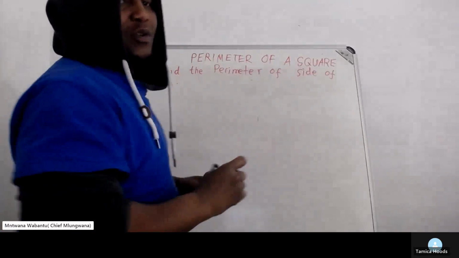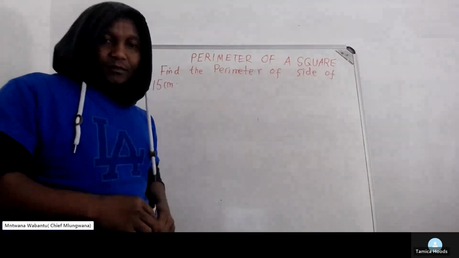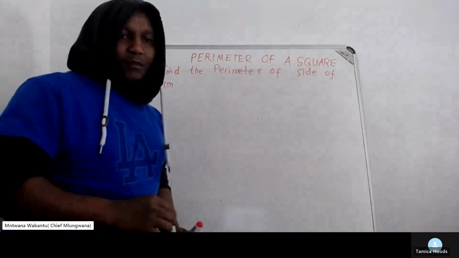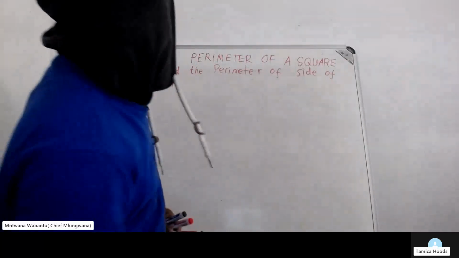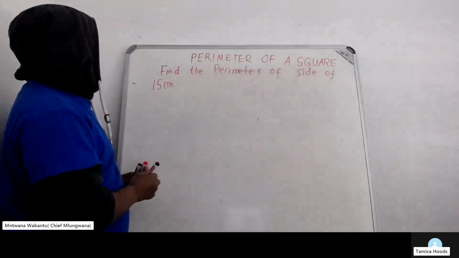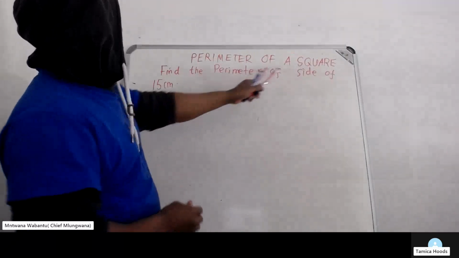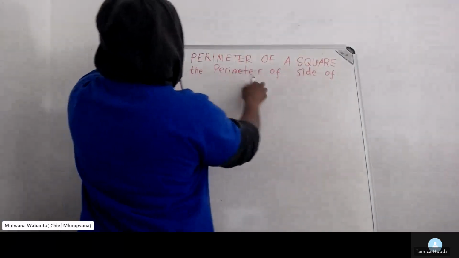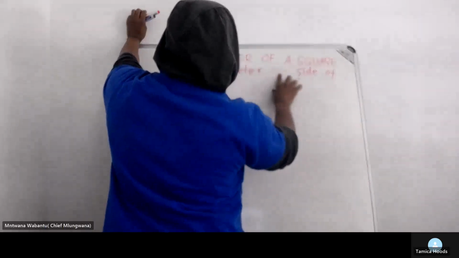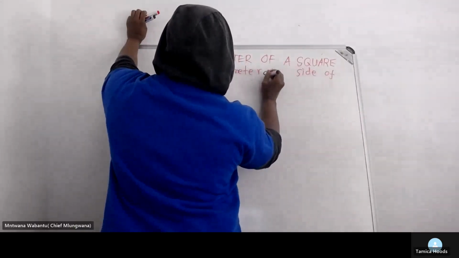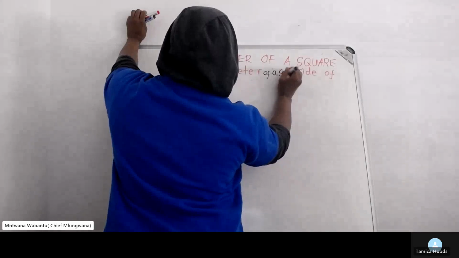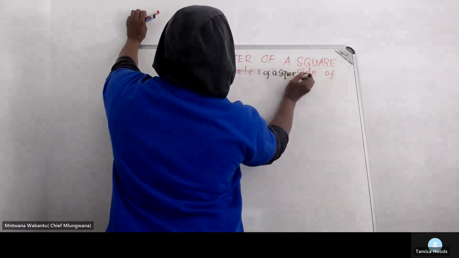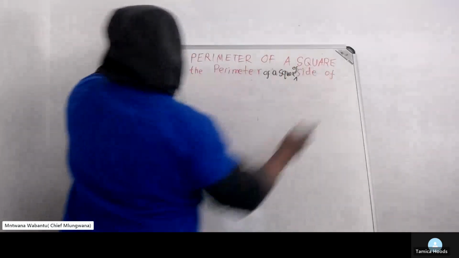So talk to me, how are we going to do it? We are going to write down the perimeter and the side.